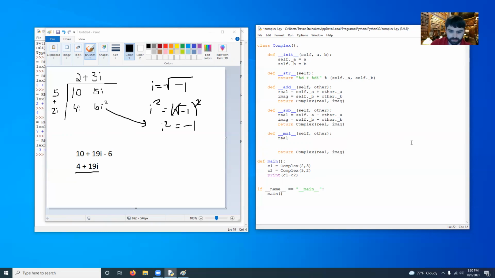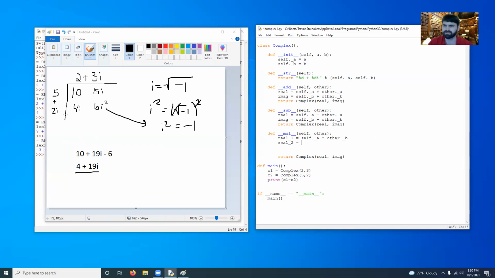So we're going to have what we're going to call real one. And that's going to be where we multiply both the real parts together. So self.a times other.a. And that's just the step here. That's 2 times 5. Now the second real part is going to be both the imaginary parts multiplied together.